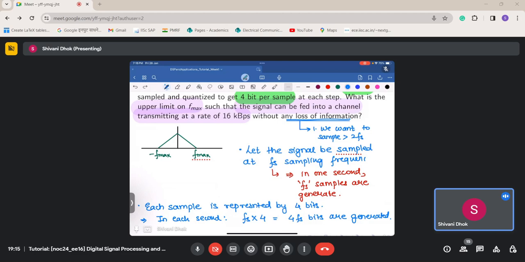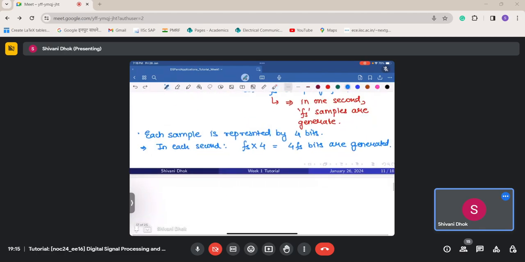So this is equal to the rate at which we are transmitting over the channel, also called the rate of transmission, which is given as 16 kilobytes per second. So this 4 Fs bits per second is equal to 16 kilobytes per second.